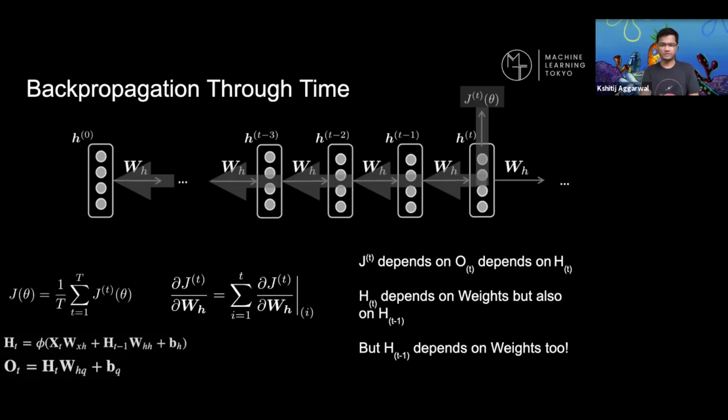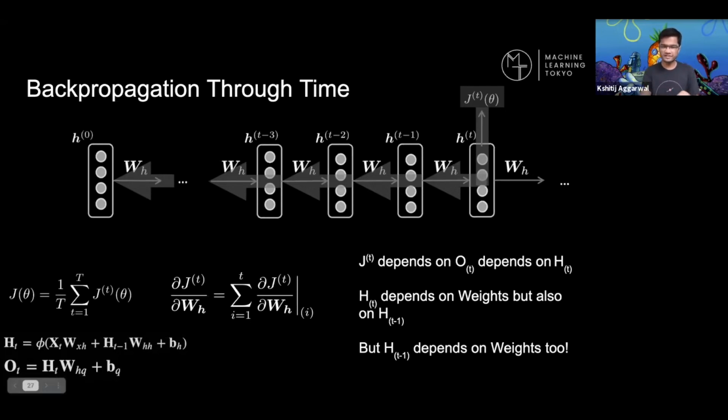And the output, if we look at this equation on the bottom left, depends on the hidden state. So Jt depends on the output, which depends on the hidden state at time t. The hidden state at time t itself depends on the weights, and it depends on the hidden state at time t minus 1. But the problem is the hidden state at time t minus 1 itself depends on those same weights. This is something new which was not happening in CNNs.